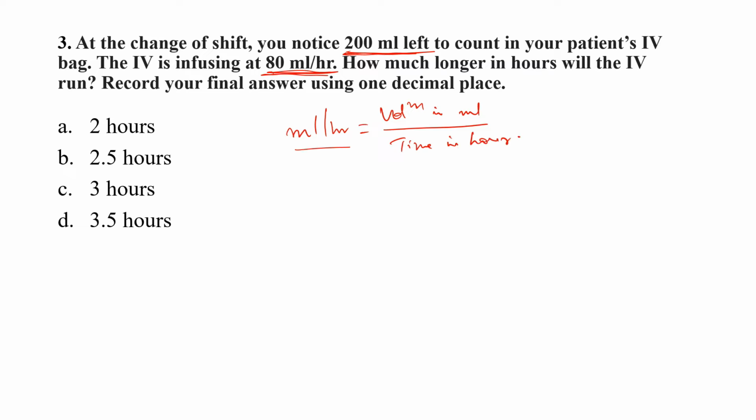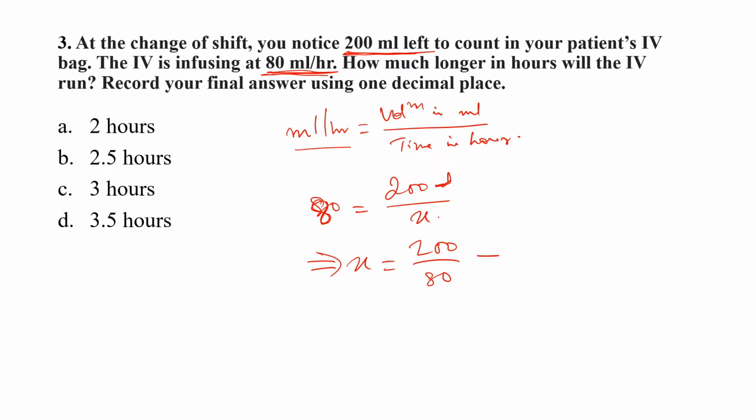So 80 ml per hour is given, and the volume is 200 ml, and the time we don't know, so we will write it as x. From here, x is equal to 200 divided by 80.